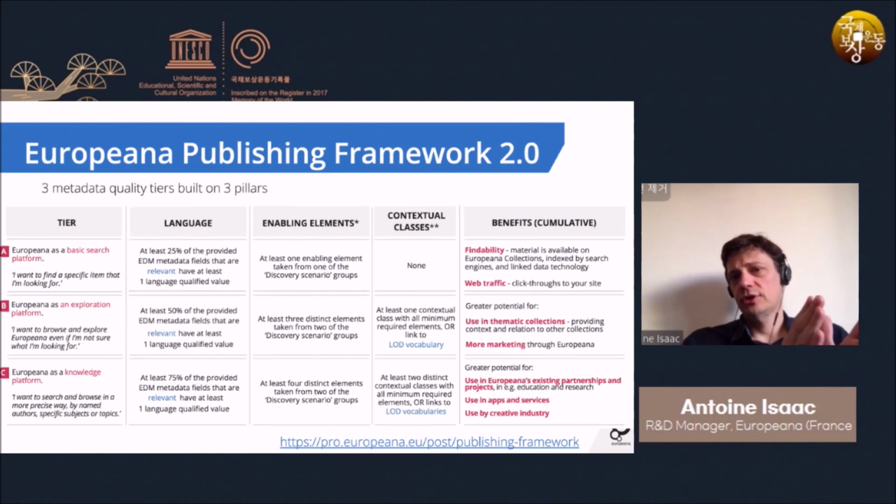The language, the elements of metadata that are present in a record, and finally the third pillar is the presence of information about the context. And for each of these three pillars, we measure the quality of the data and we give a score. It's either A, B, or C. It's a bit like the content levels. The higher the score, the more scenarios are possible with the data.